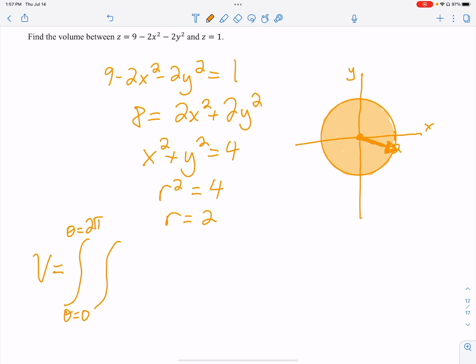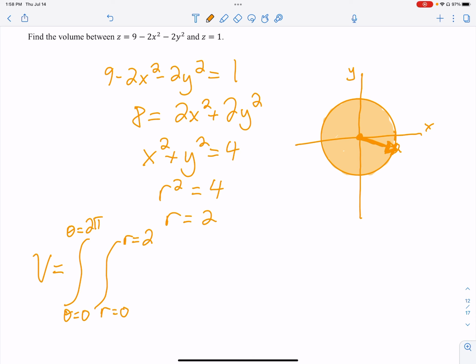So it's going to be r equals 0 to r equals 2. We always just start inside and run an arrow out. We always start at our bottom curve, and then the second curve it hits is the circle. Then I have my surface.